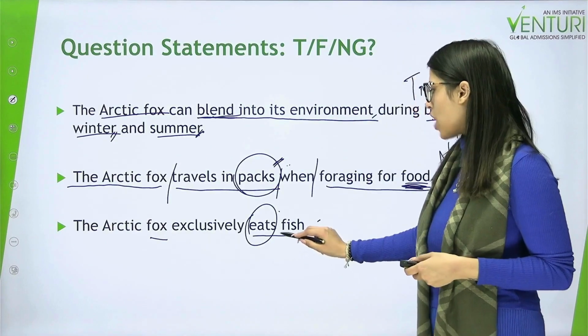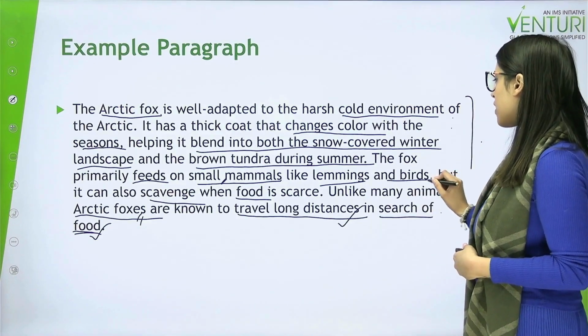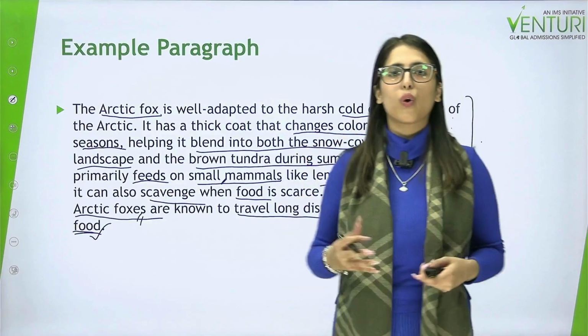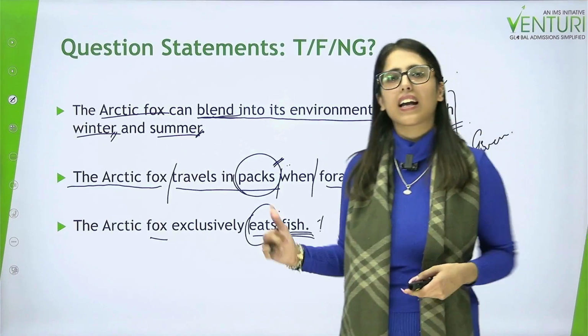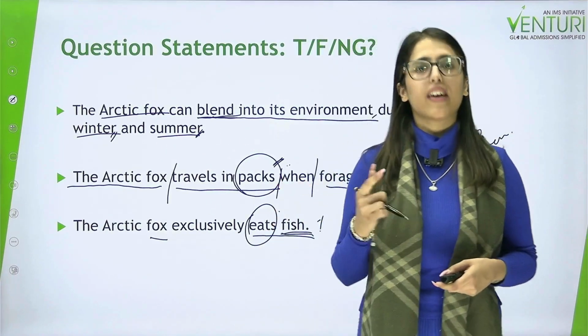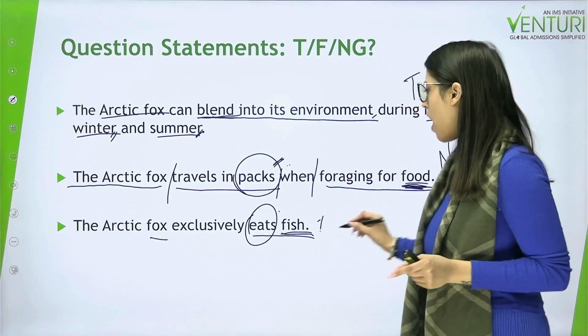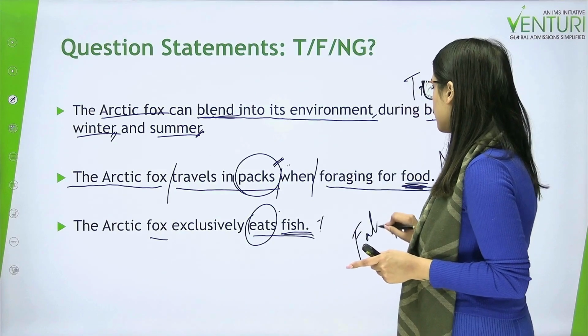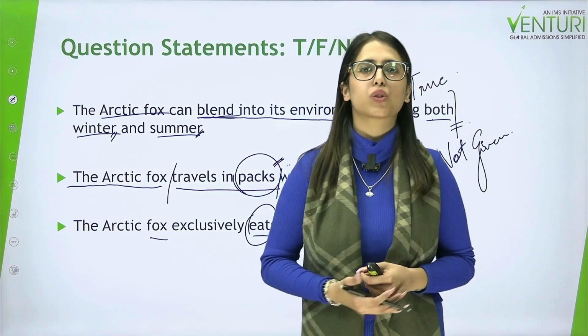So this is in sharp contrast to whatever has been written here. So here they are telling that these foxes do eat birds. However, if I come back to the question statement, they are telling me that they eat fish, right? So this is showing me a contradiction, hence my answer here is going to be false. All right, so this is how you work through these questions.